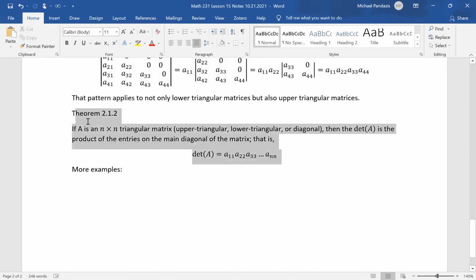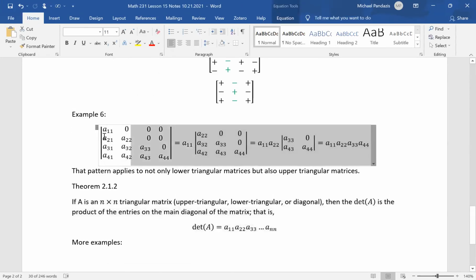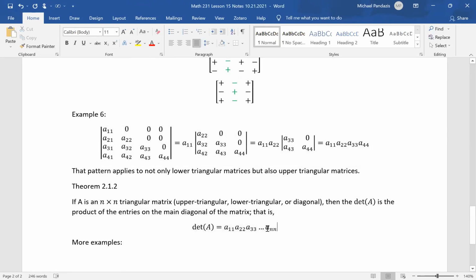Okay, and so that's what this was illustrating for a 4x4 triangular matrix. So it's true for any n by n triangular matrix.